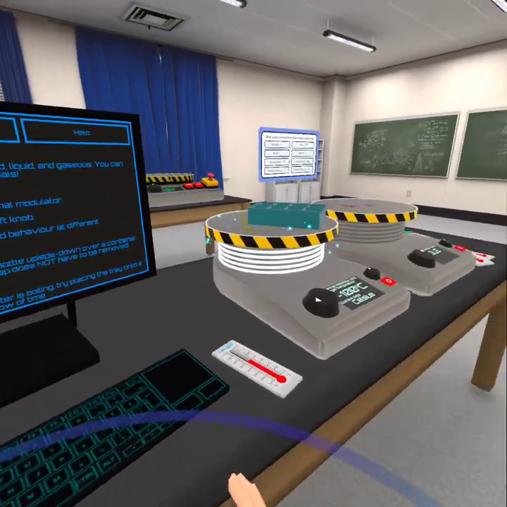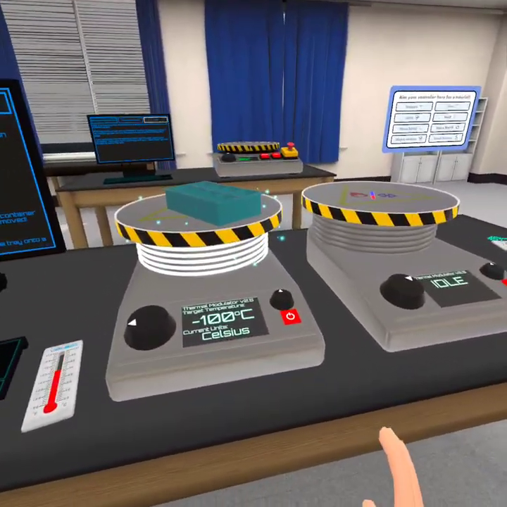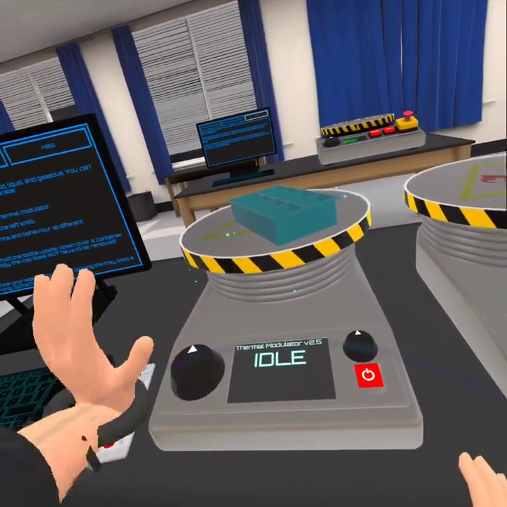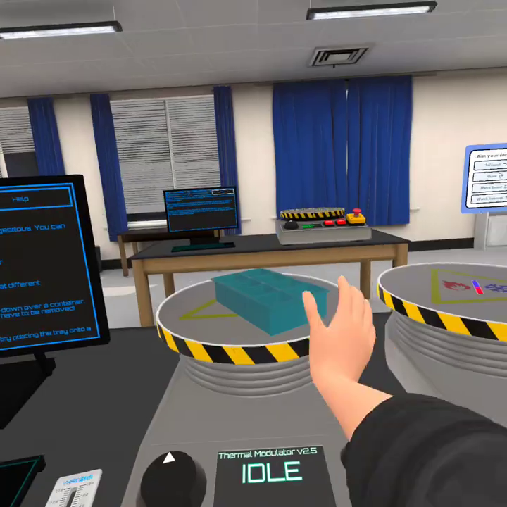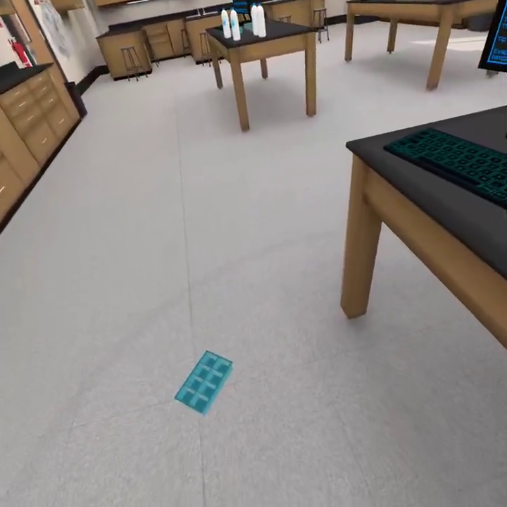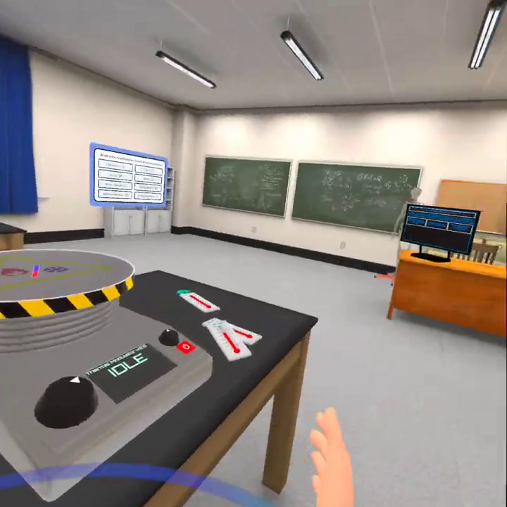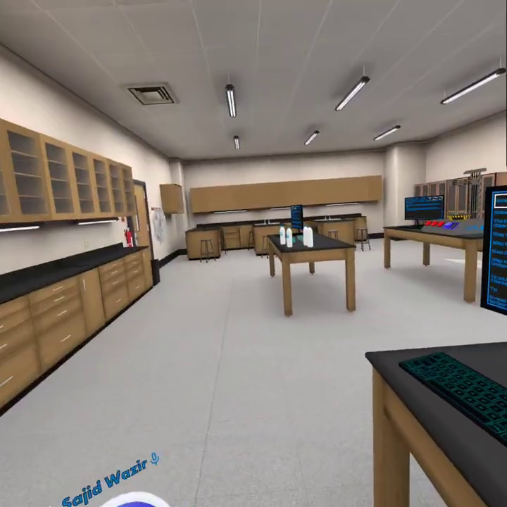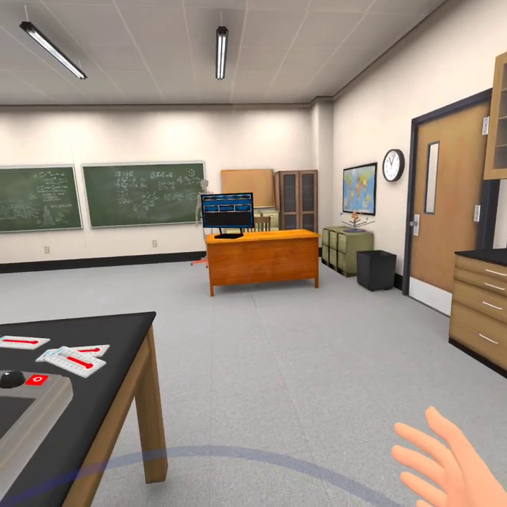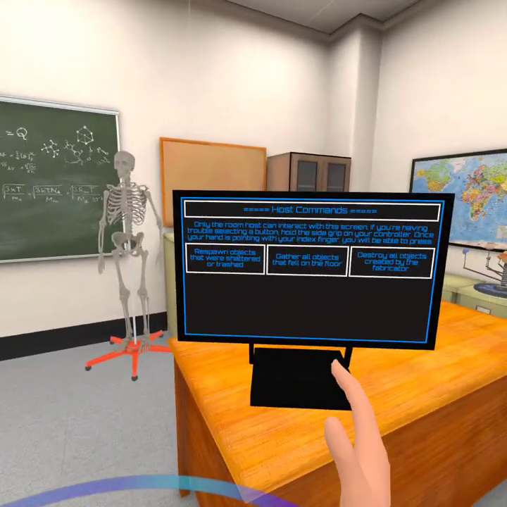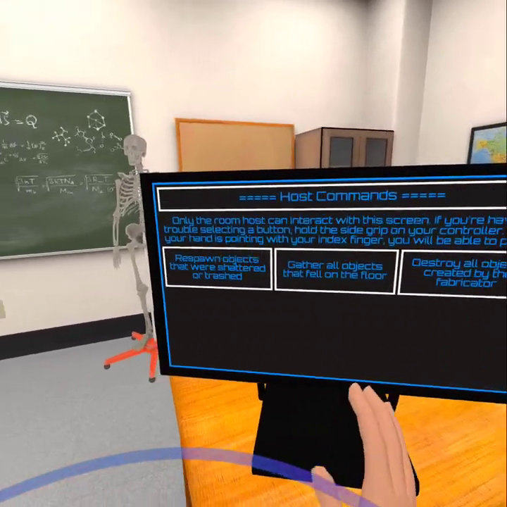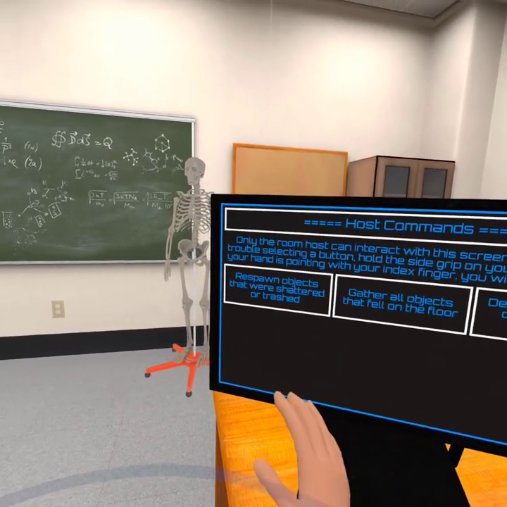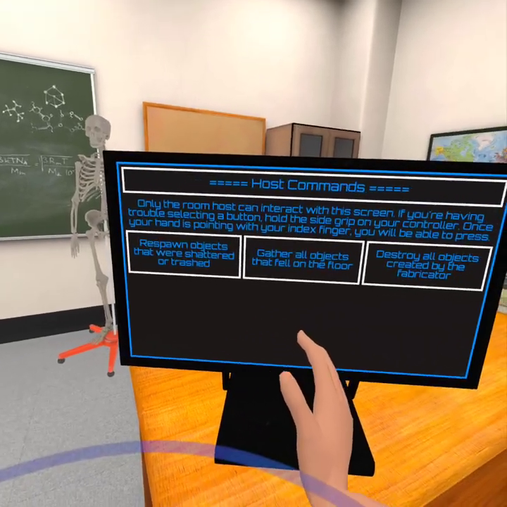And now I want everyone to do this experiment one by one. Okay, so I will throw it here, as you can see, and now I will go to the main command. Let me go to the main command. There it is, and I will grab everything which is on the floor. Or I can spawn all the objects that were shattered or trashed.